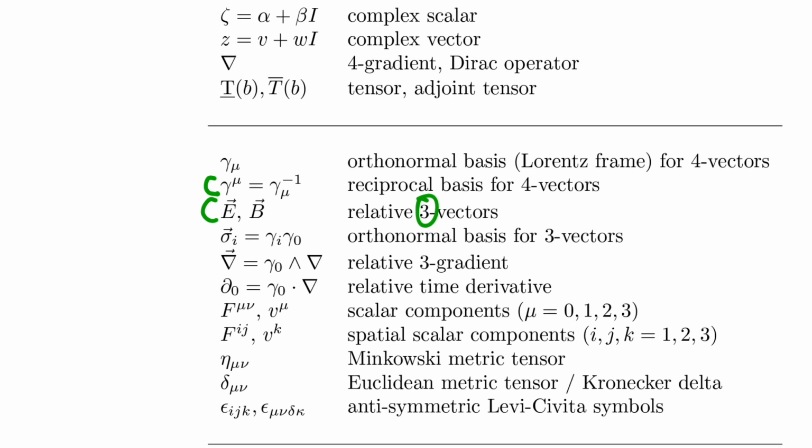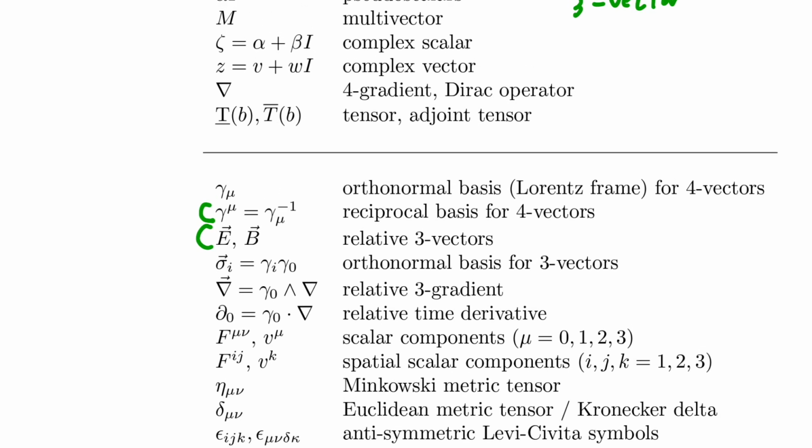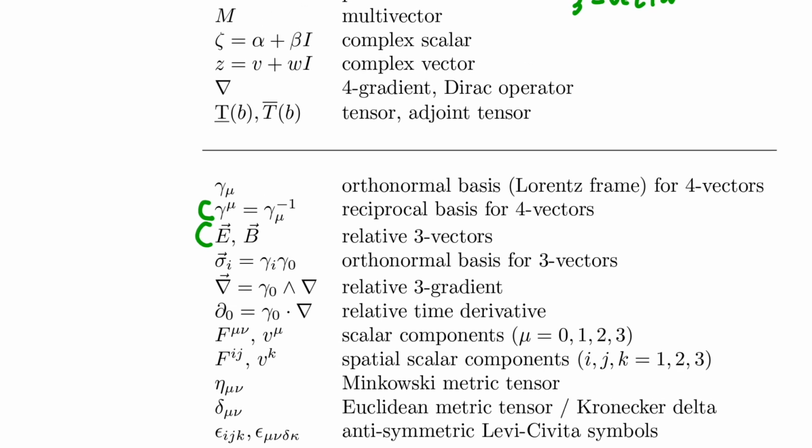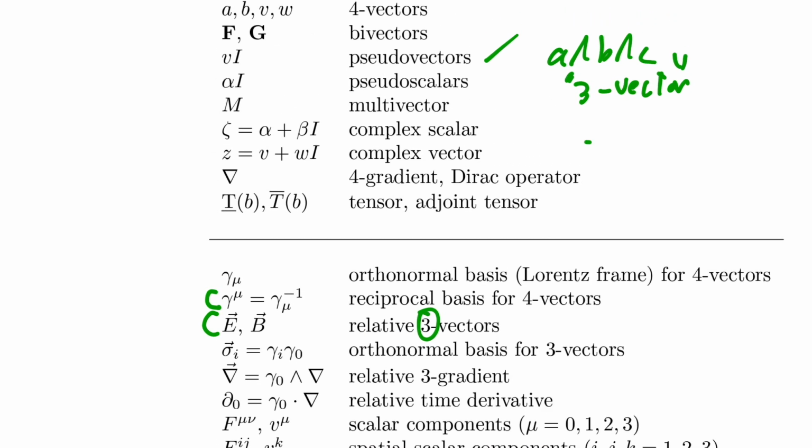However, this notion of relative 3 vectors, something's up there, because notice the notation goes back to our classic notation from vector algebra with a little arrow on top, right? So these relative 3 vectors are not the same as this thing.